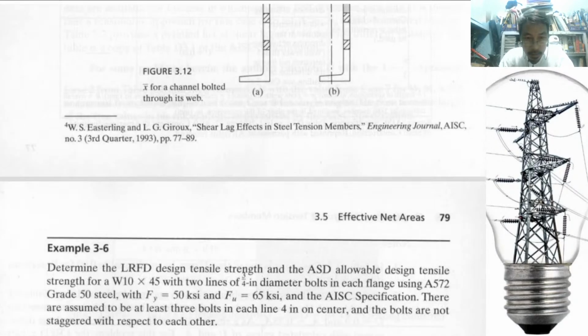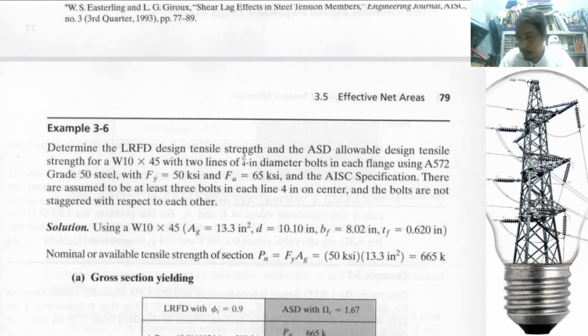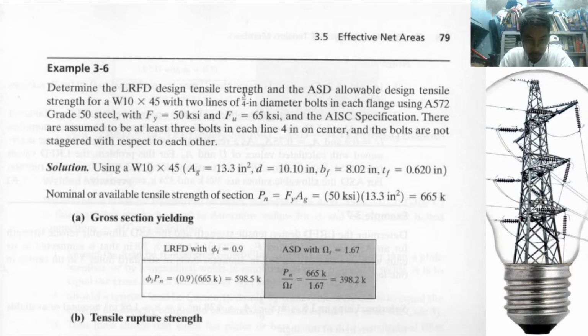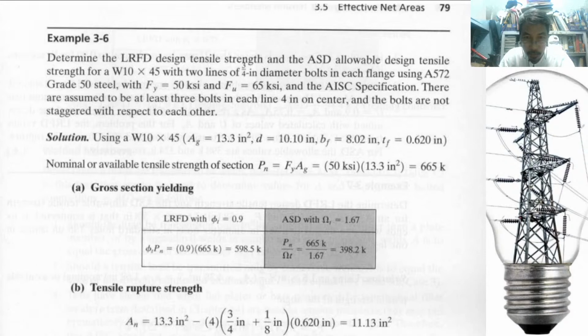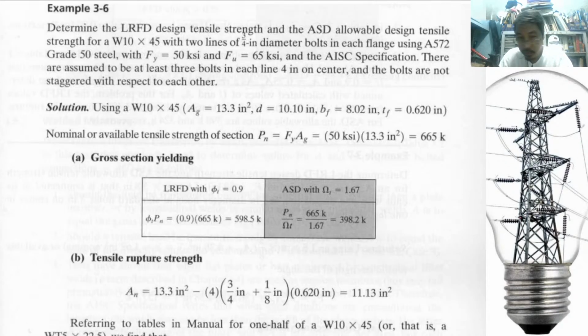Apparently we cannot find a table with that value for every section, for example, different types of section.